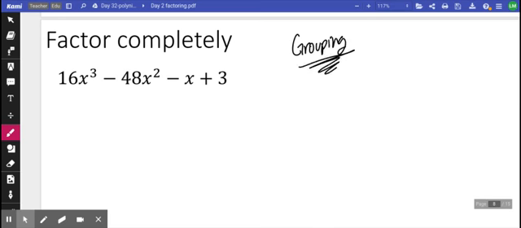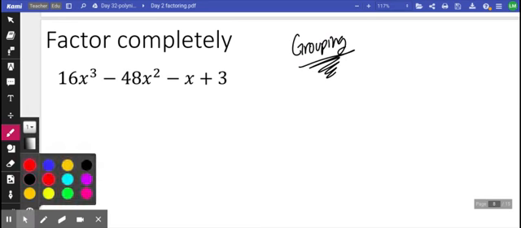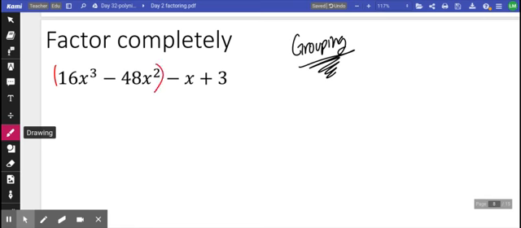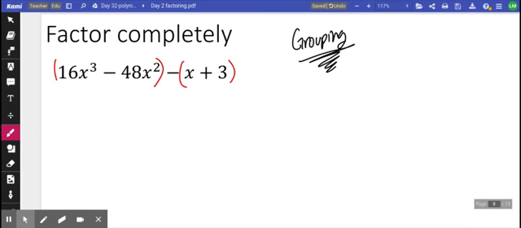When we factor 4 terms, we're always going to do grouping. All right, buddy system. We need to group together these first 2 terms, group together these last 2 terms, and let's take a look. In the first 2 terms, I have a 16 and a 48. 16 goes into 48, so I can pull out a 16, and then I have 3 x's and 2 x's.